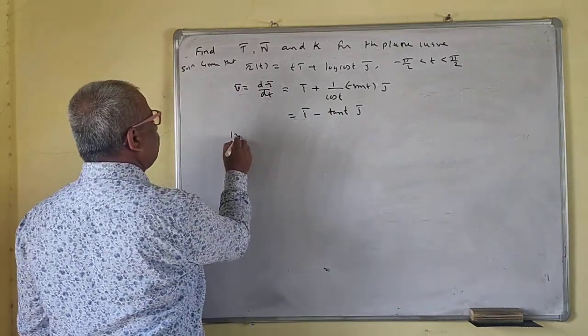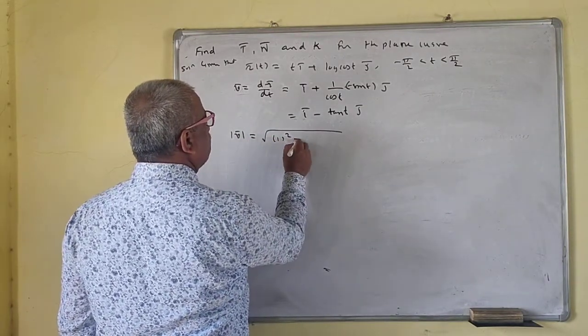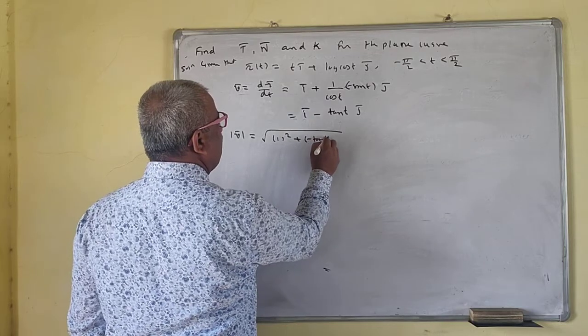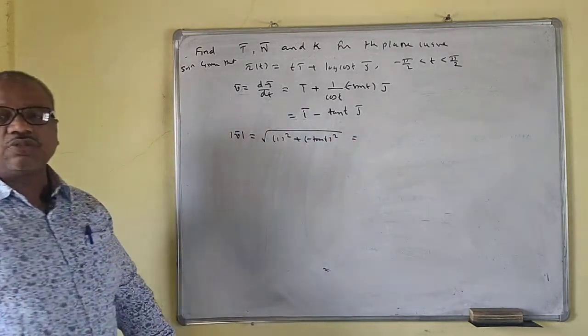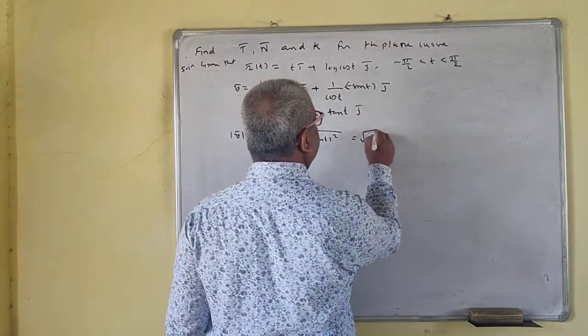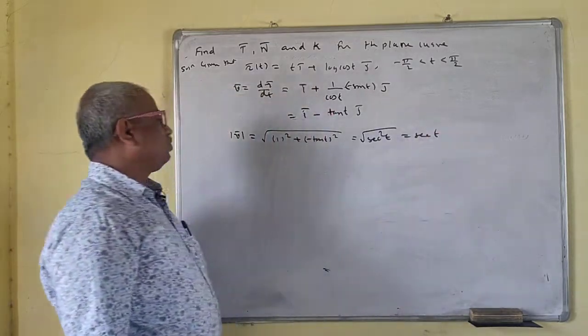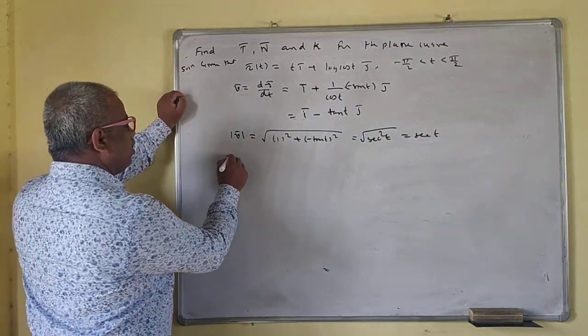So mod of V bar is root of 1 square plus minus tan t square. This is 1 plus tan square, which is root of sec square t, that is sec t.